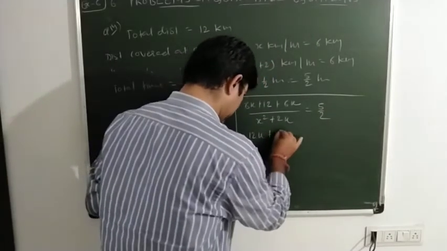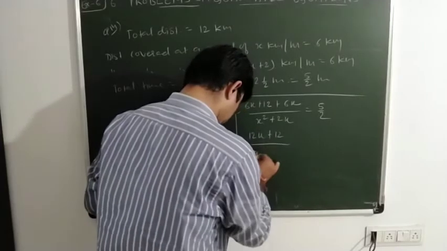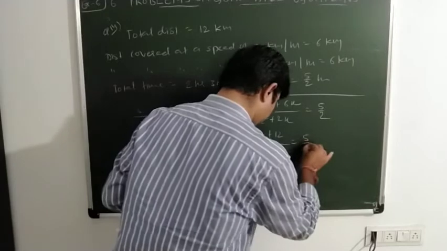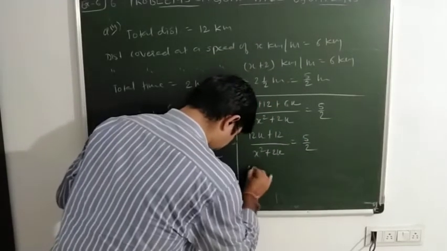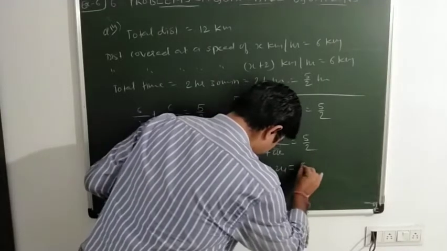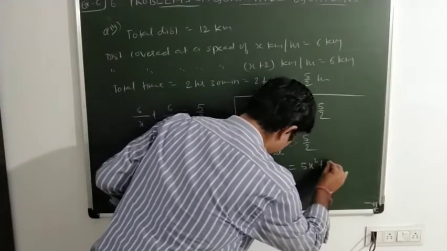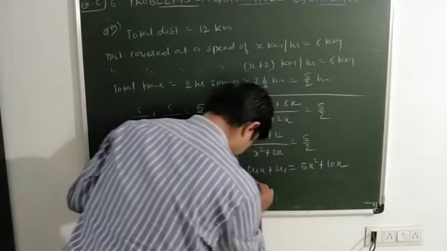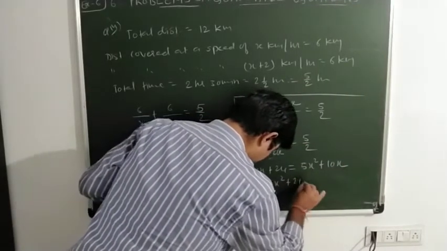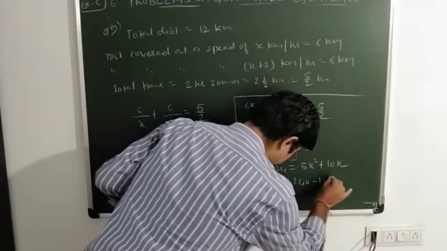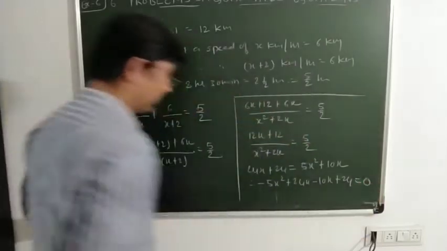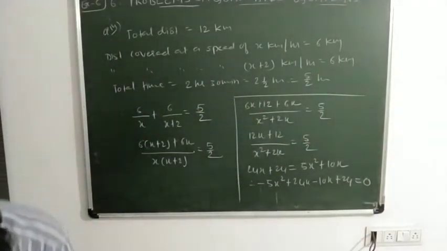So 12x plus 12 upon x square plus 2x is equal to 5 by 2. Thus multiplying, 24x plus 24 is equal to 5x square plus 5 2s are 10x. Therefore minus 5x square plus 24x minus 10x plus 24 is equal to 0.